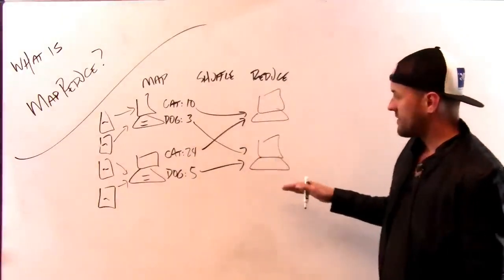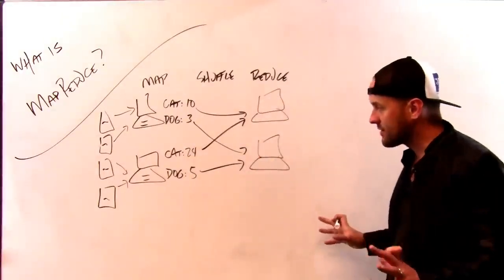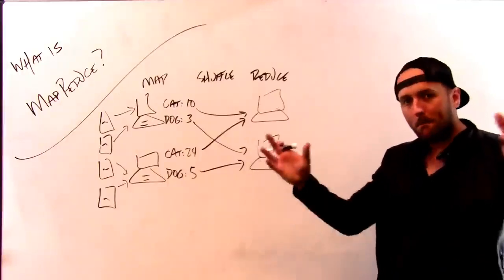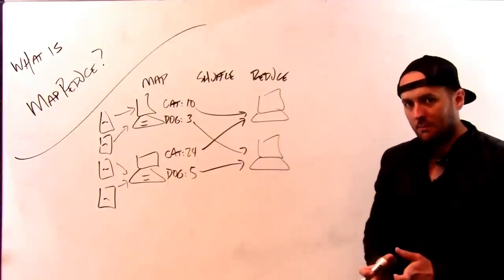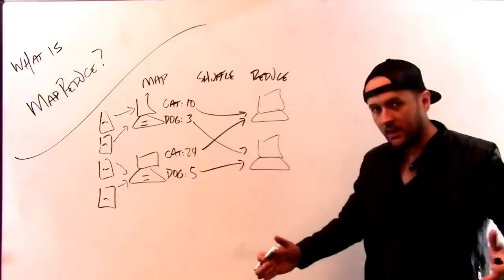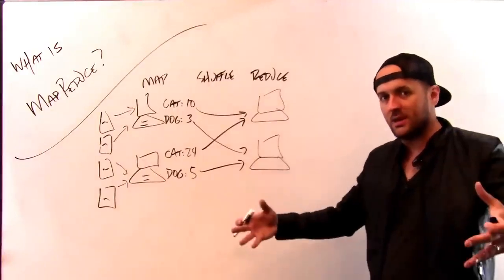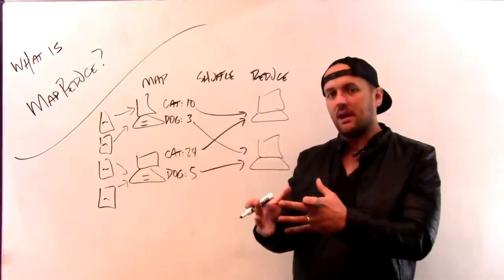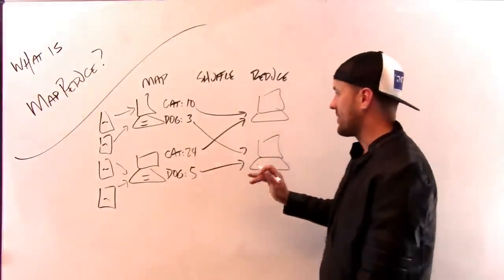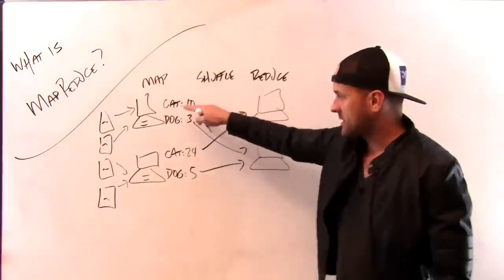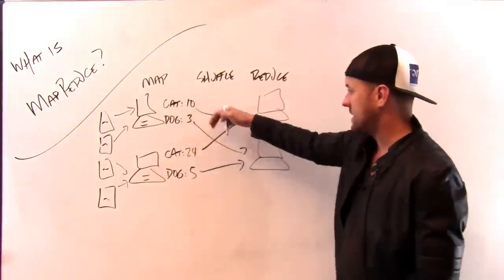And all I do in the reduce stage is I take the results from the map stage and I combine them together. So map is the process of splitting all the inputs among a bunch of machines, and then reduce takes the results from the map stage and combines them together to get the one result that I'm looking for. So in this case, what I would do is I would combine cat and cat, so 10 plus 24.